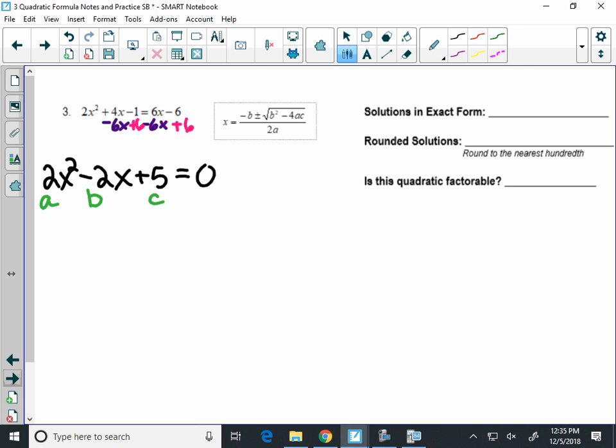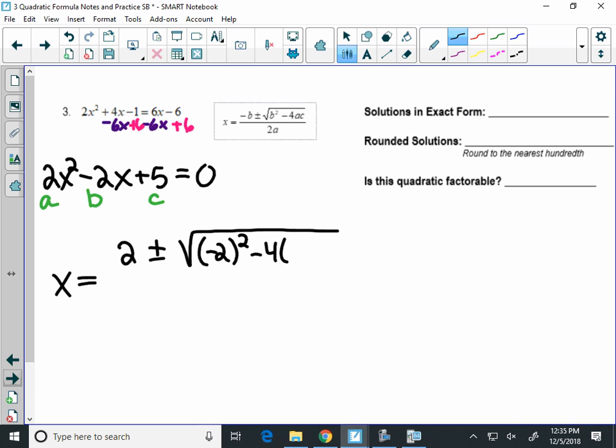So when you put this in, what's the first number you write down? What's the opposite of B? Make sure you write that right. Positive 2. So it's positive 2, plus or minus. You'll put negative 2 in parentheses before you square it, minus 4 times A times C. And that is all going to go over 2 times 2.